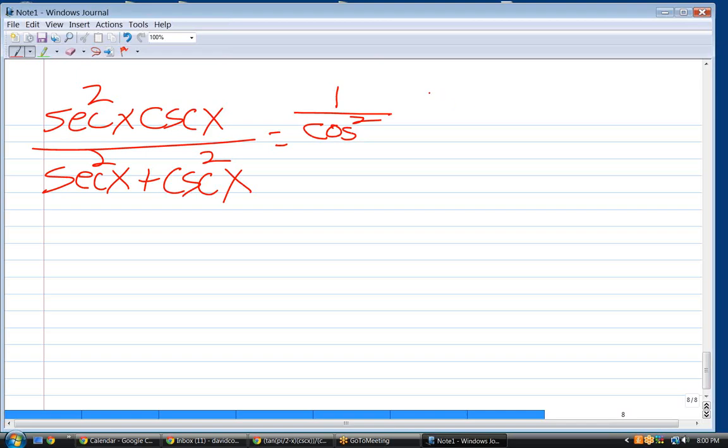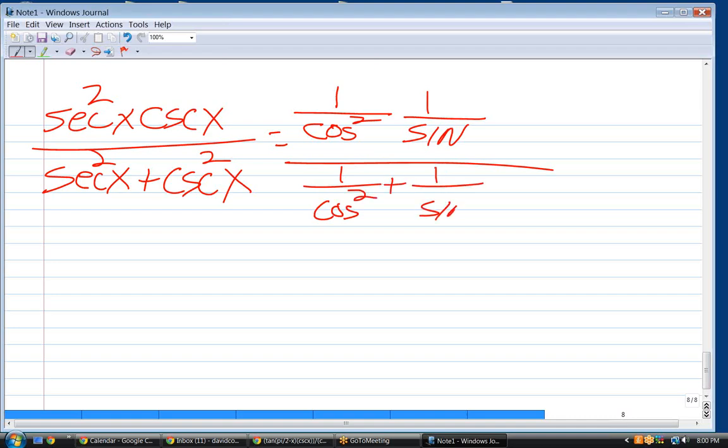And cosecant is 1 over sine. This wasn't squared in the numerator, was it? No, sorry. It's okay. And then divided by what? Secant squared again is 1 over cosine squared. And then that one will be 1 over sine squared.